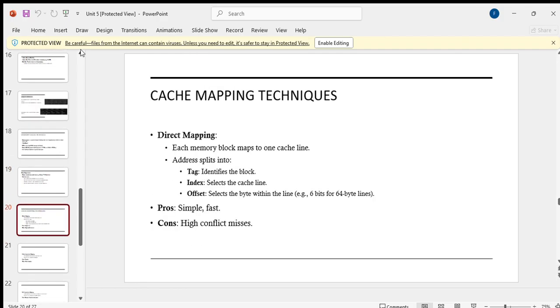Okay, to wrap up what I said, what do we mean by direct mapping? It's like giving each student a fixed seat number, and no matter what, the student must sit in that one seat.